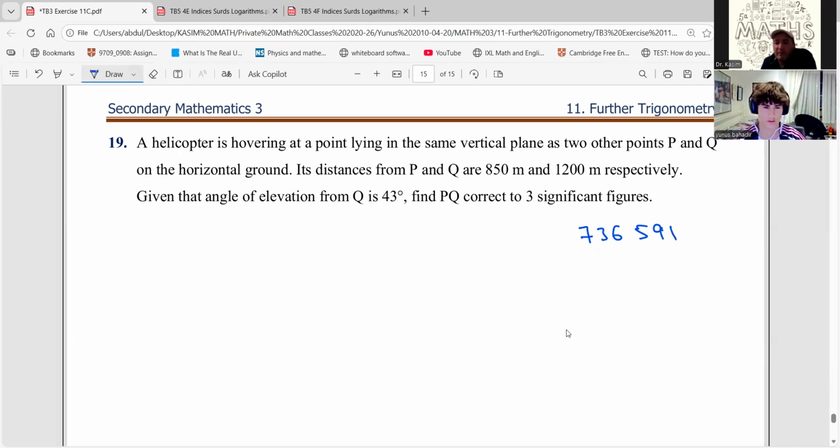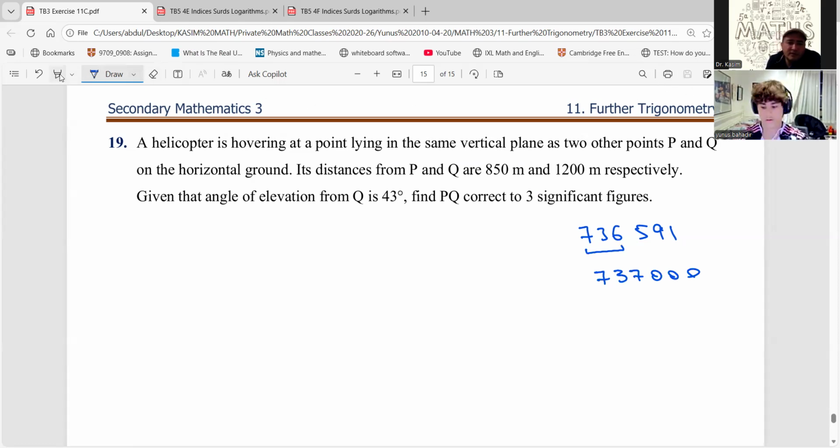If you're counting in thousands and I say write your answer to three significant figures, that means these three digits, 737, are important, and the rest are not important. So the population of Houston to three significant figures will be 3,740,000. Significant figures work for every number, but decimal places only for decimal numbers. In the US they describe it a little bit differently, but they mean the same thing. Anyway, it's not a big deal here.